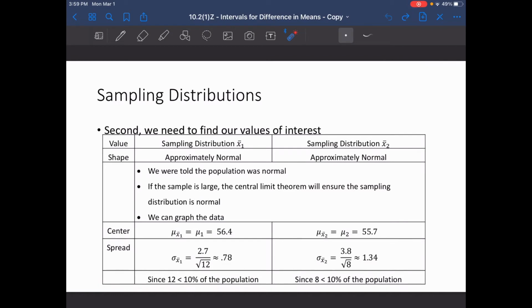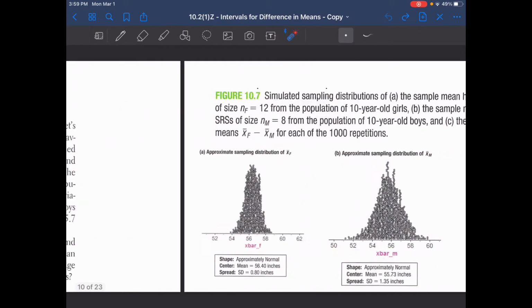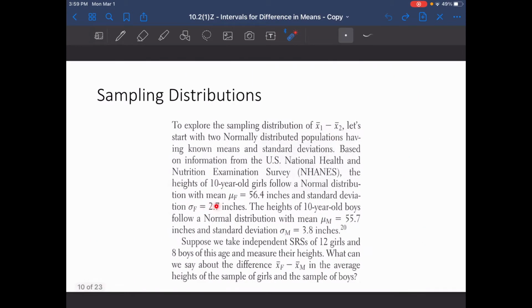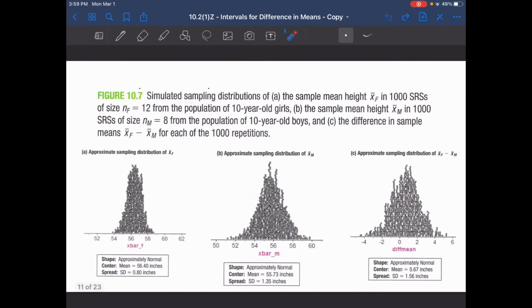Again, we need to find our values of interest. Once we have discerned that the two sampling distributions are approximately normal, we need to then find the center and spread. Our center is essentially just going to be the means that they give us, and the spreads are going to be the standard deviations. Now, they give us a standard deviation of 2.7 from this sample and 3.8 from this sample.